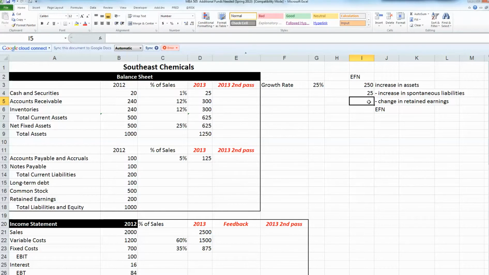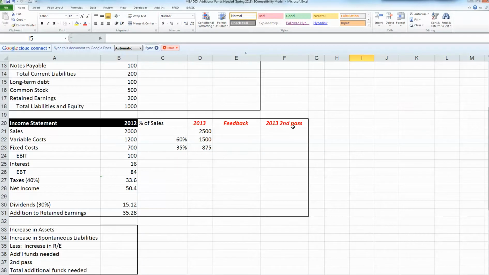To find my change in retained earnings, I need to come down here and go through my income statement. Well, I've gotten all the way down through fixed cost, so now I can calculate earnings before interest and taxes. Take my sales, subtract my variable costs, subtract my fixed costs.